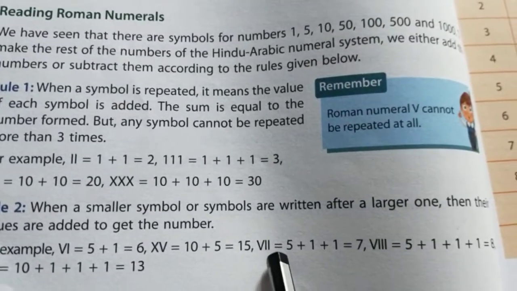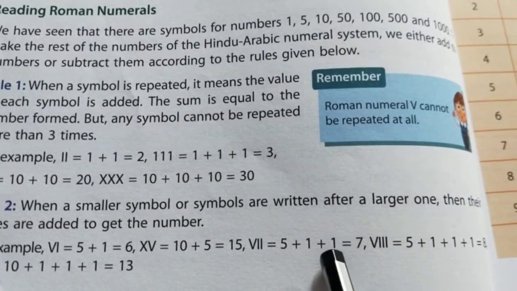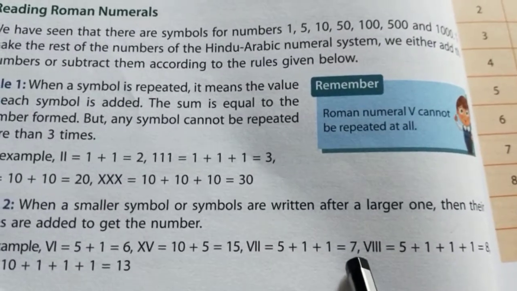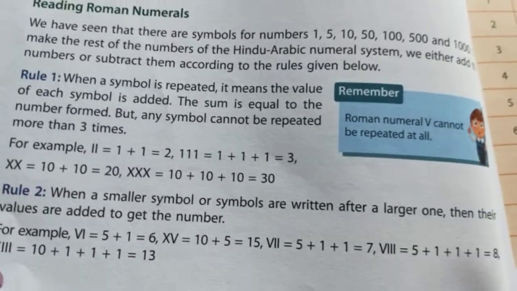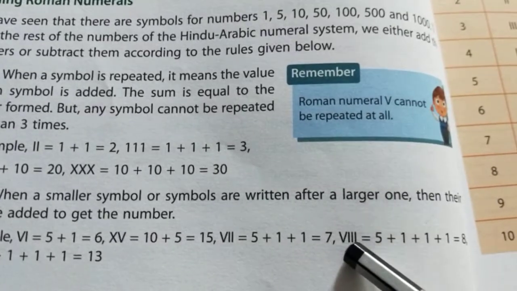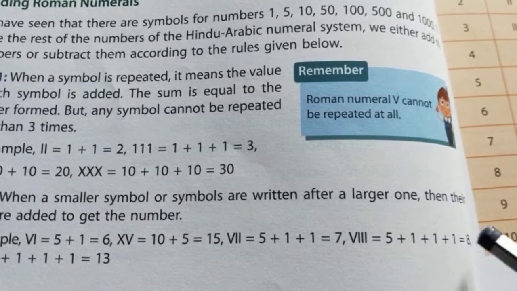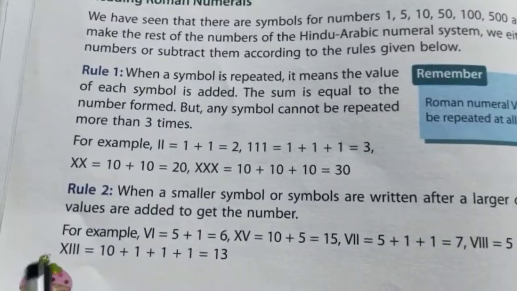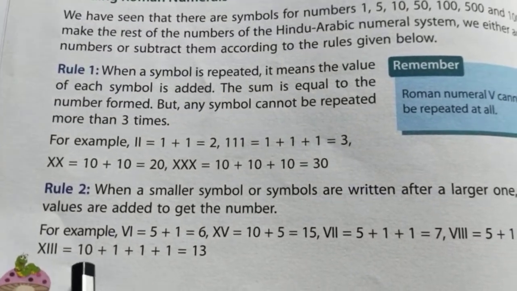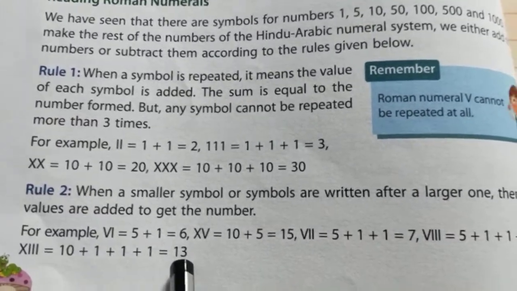VII is written, which means 5 plus 1 plus 1 is equal to 7. Similarly, VIII is equal to 5 plus 1 plus 1 plus 1 is equal to 8. XIII is equal to 10 plus 1 plus 1 plus 1 is equal to 13.